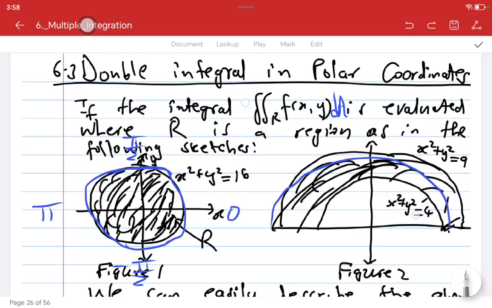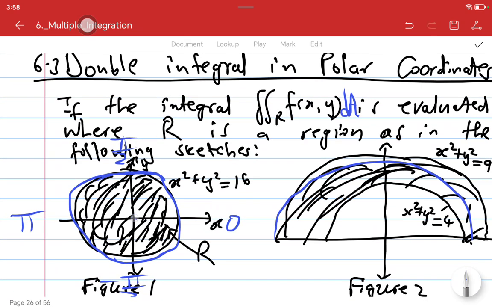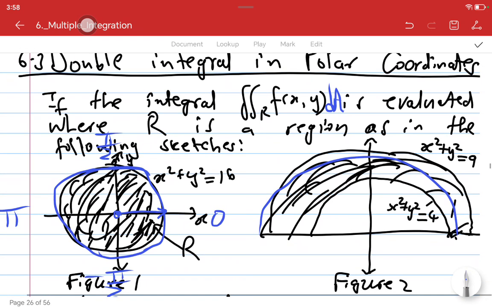And our radius will depend: if it's one graph, our radius will be from 0 till this range. When it's 2 graphs, our radius will be from this range till this range. That's why they gave us 2 figures, to say that we're going to work with 2 different figures. So this is x squared plus y squared equal to 16, and root of 16 is 4, so our r will be between 0 and 4.